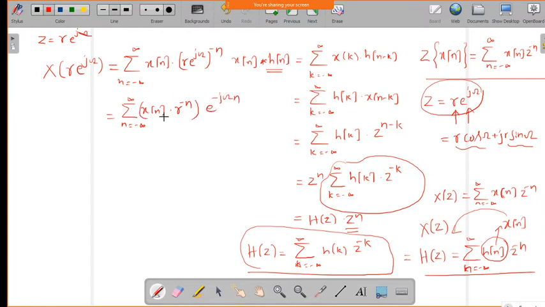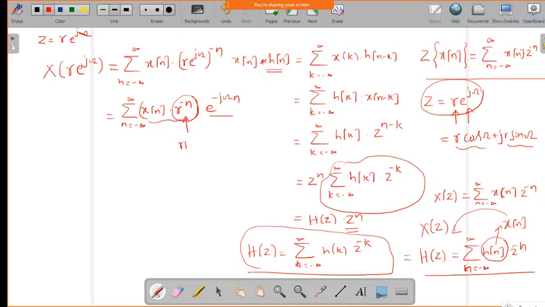Now we can see here, this is our input signal and this e power minus j omega n term gives the DTFT of the signal x of n. So now we take r, which is the magnitude, equal to unity.